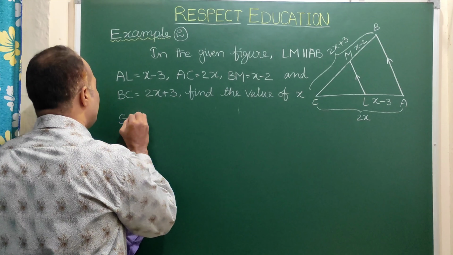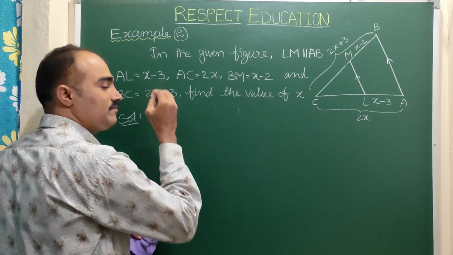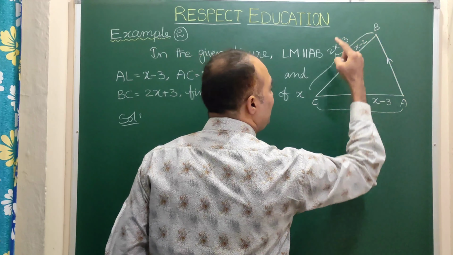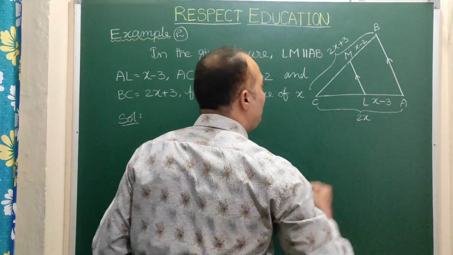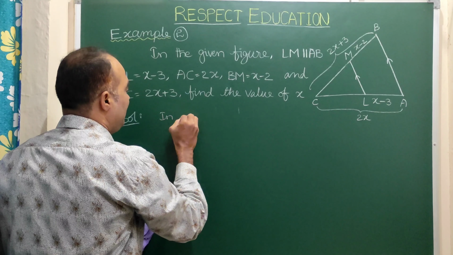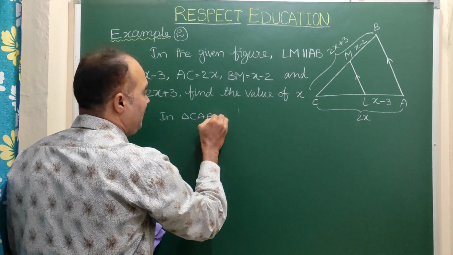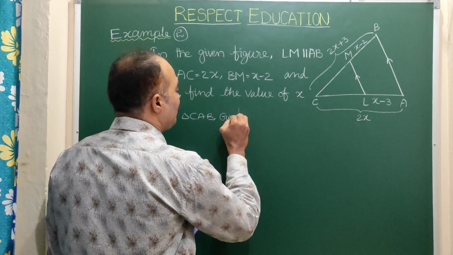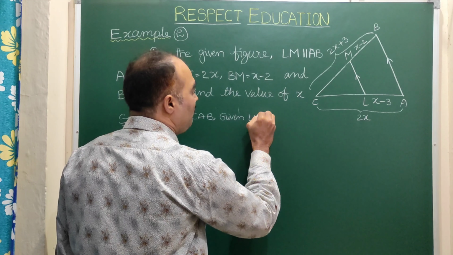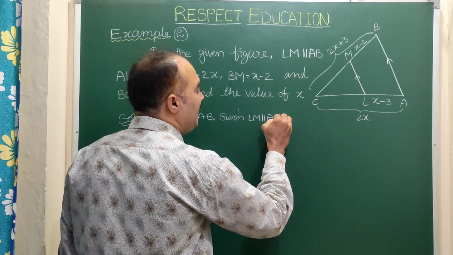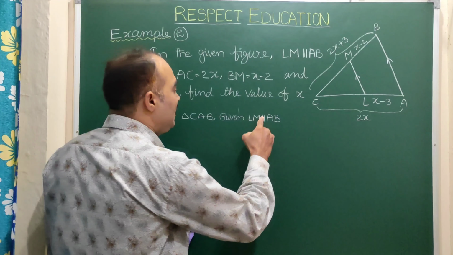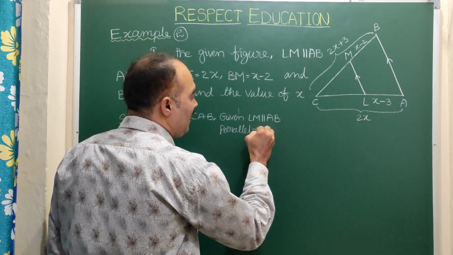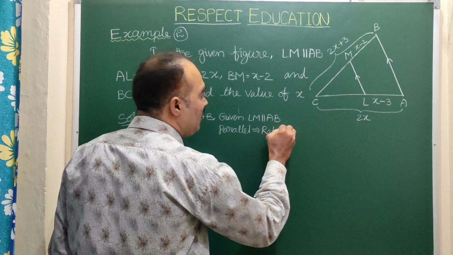Here let us start the solution. In triangle CAB, given LM parallel to AB. As we know, if we have parallel lines, ratios are equal.